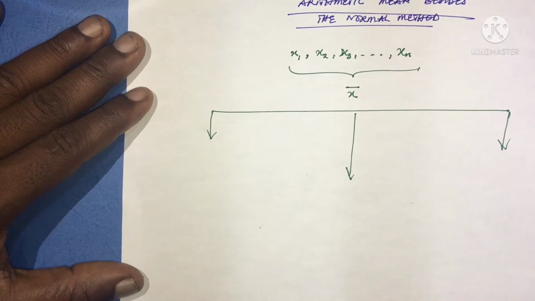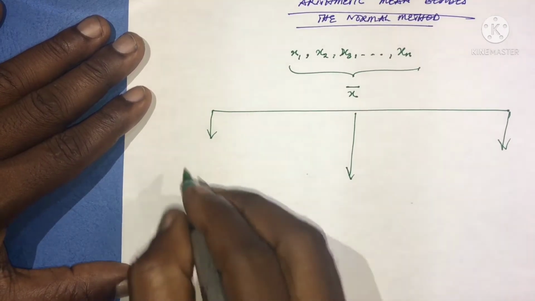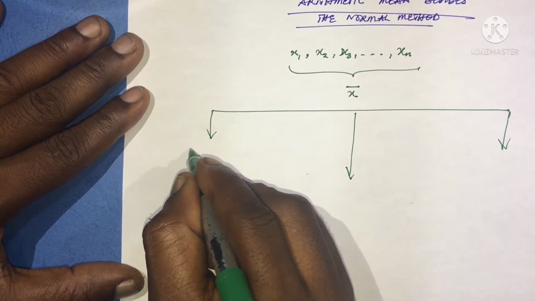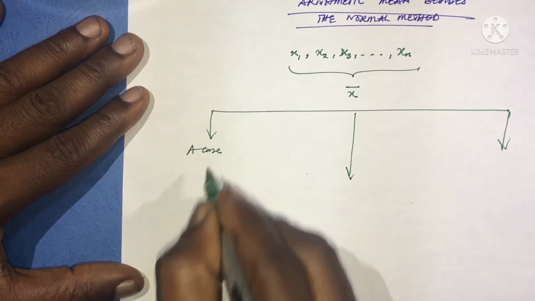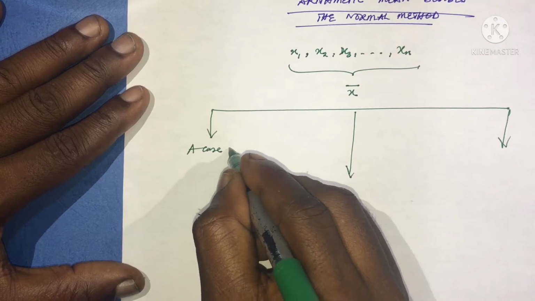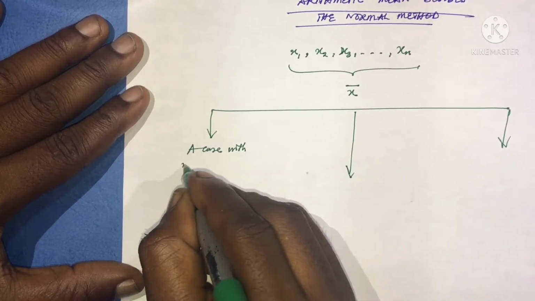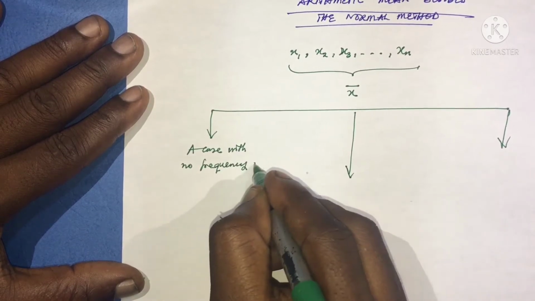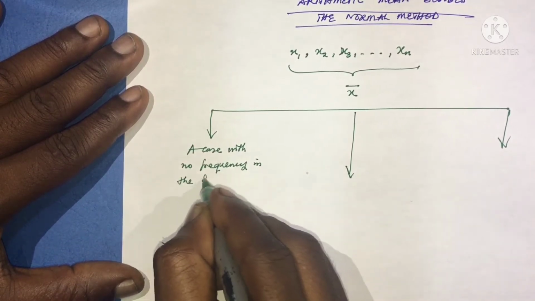So there were three categories. Category number 1 was what we called case 1. It was a case with no frequency in the data set.